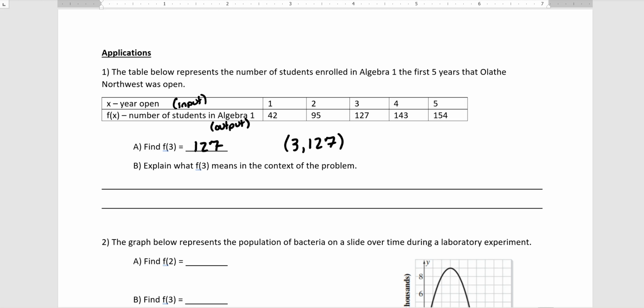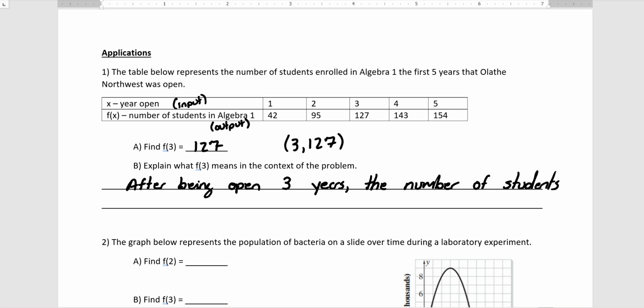So after being open three years, the number of students in Algebra 1 was 127.